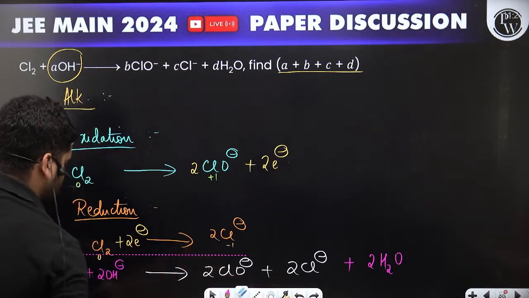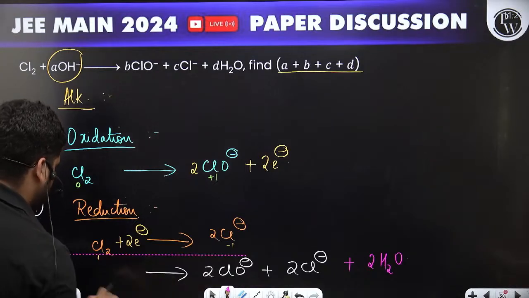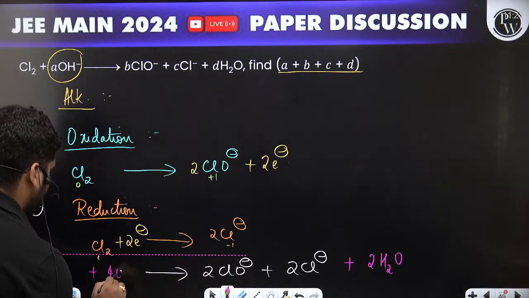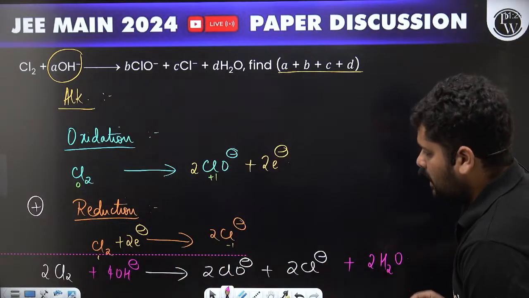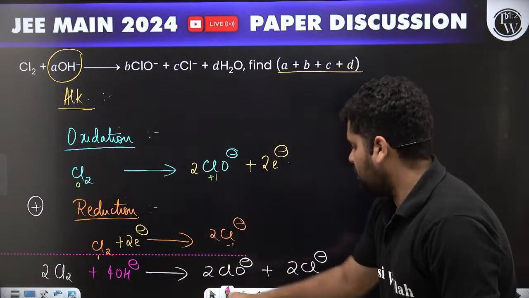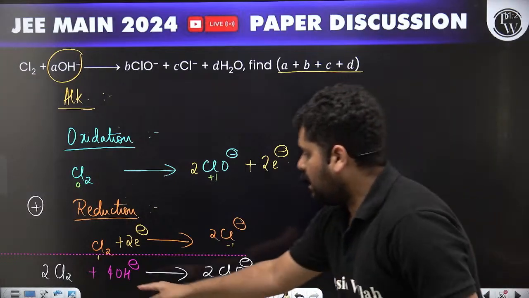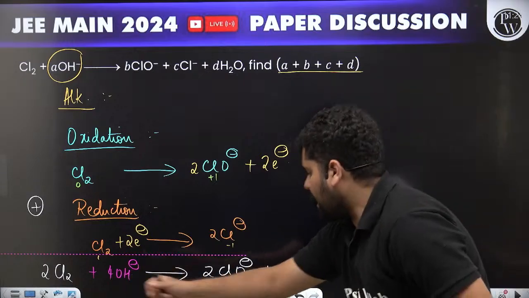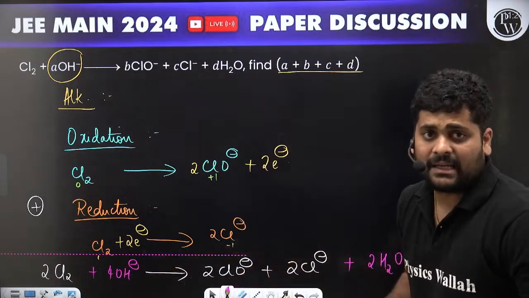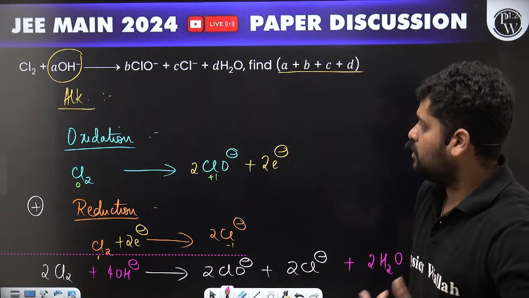So this would be represented as plus 4 OH minus. Now see, everything is balanced. Look at chlorines, 4 chlorines, 2 plus 2. Oxygens, 4 oxygens, 2 plus 2. 4 hydrogens, 4 hydrogens, everything is balanced.